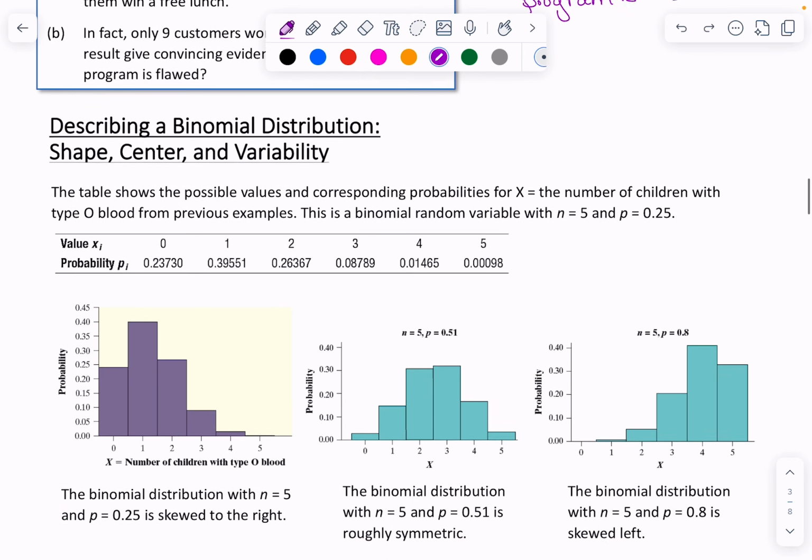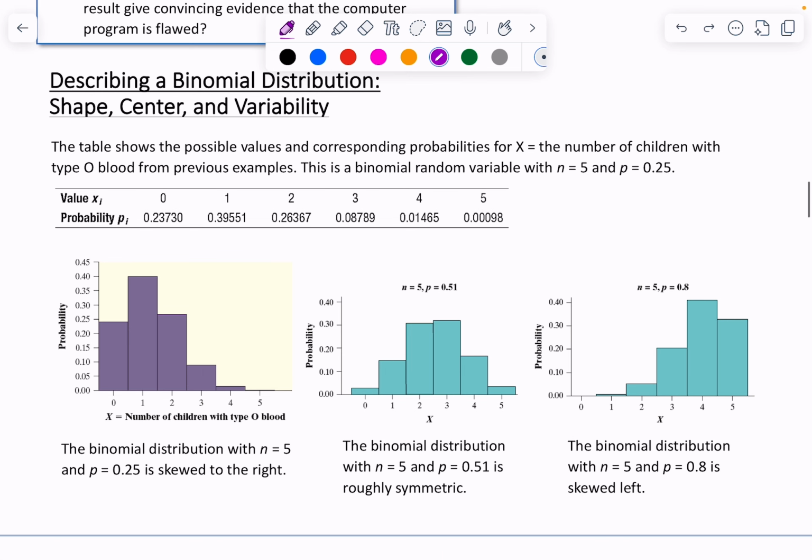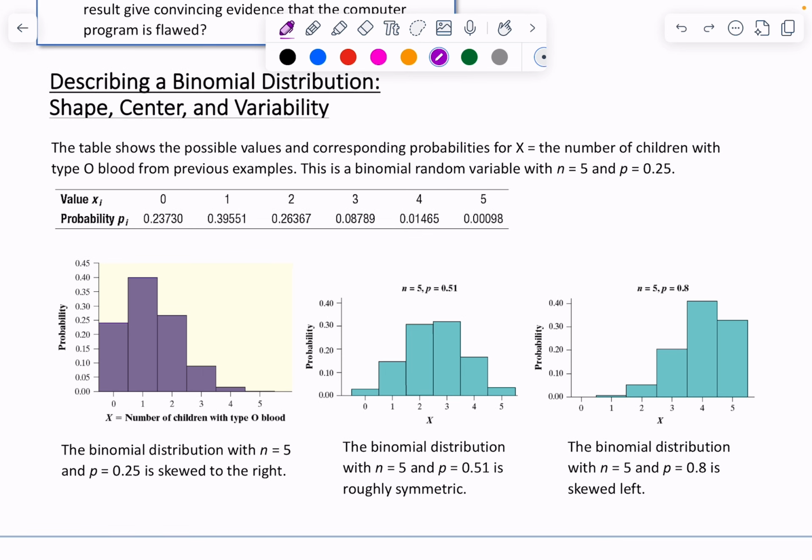Now, when describing a binomial distribution, if the probability is on the low side, let's say 0.10, it happens 10% of the time, so you would expect to see low numbers. If your probability is high, like it happens 90% of the time, you would expect to see higher numbers.